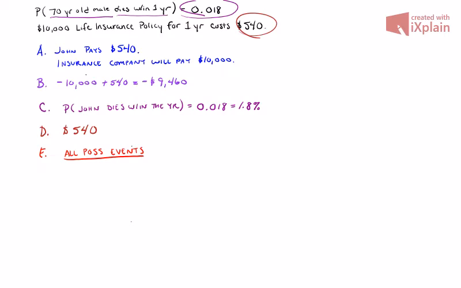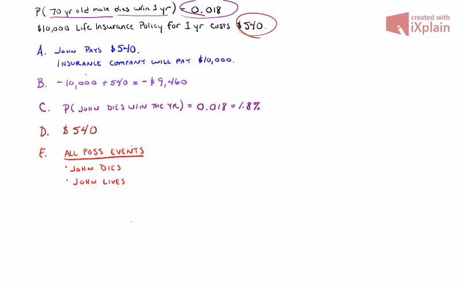We had said that one of them was John dies. Well, really, if you think about it, what's the only other option if we're talking about John's life here? He's either going to die or he's going to live. So if we know that John lives, we're essentially going to be investigating the complement here.